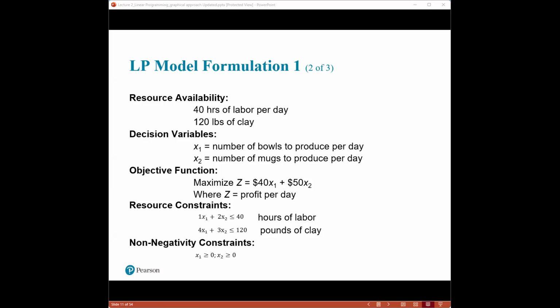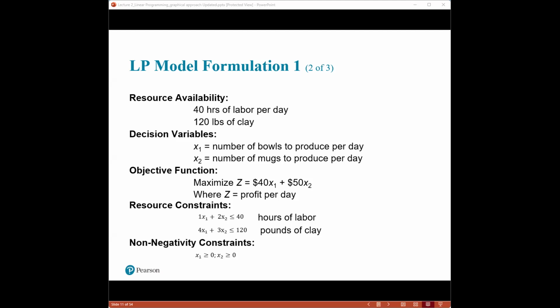The solution is that we produce 24 bulls and 8 marks. That is the solution.